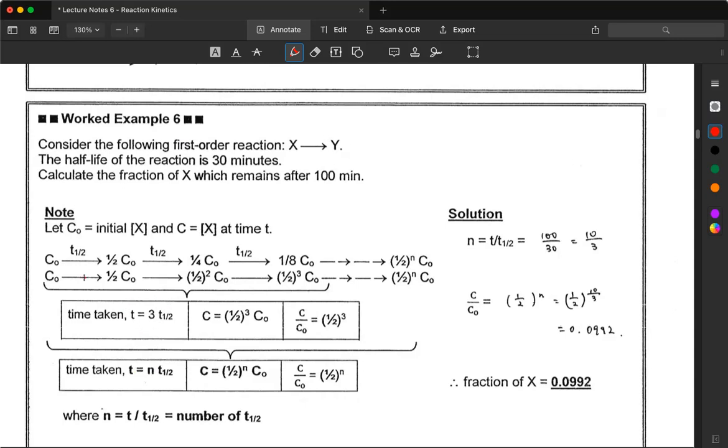You can tell from here the time taken is equal to 3 times the half-life, and the concentration is equal to 1 over 2 to the power of 3 times C naught. So you can make this conclusion here.